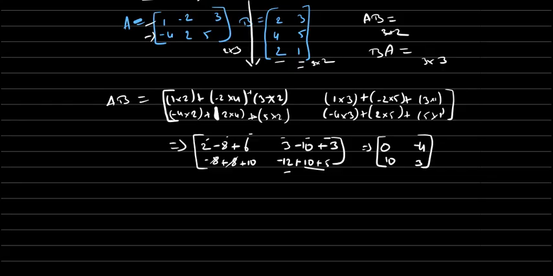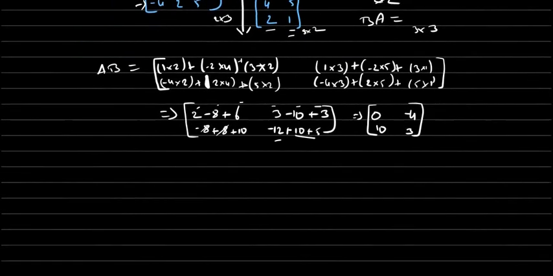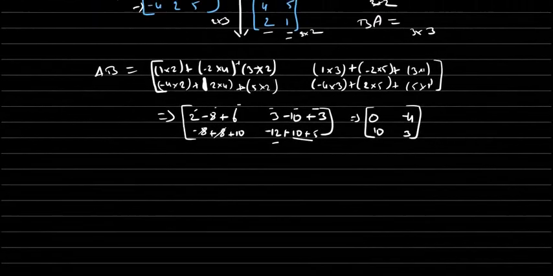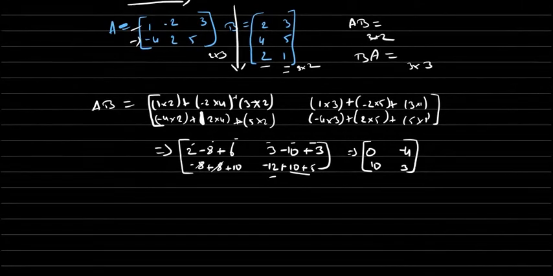Please be careful, guys. We'll start from here itself. This is BA. Start from a different color itself. First we will start from here and we will move towards here. I hope it is better if I write the example.